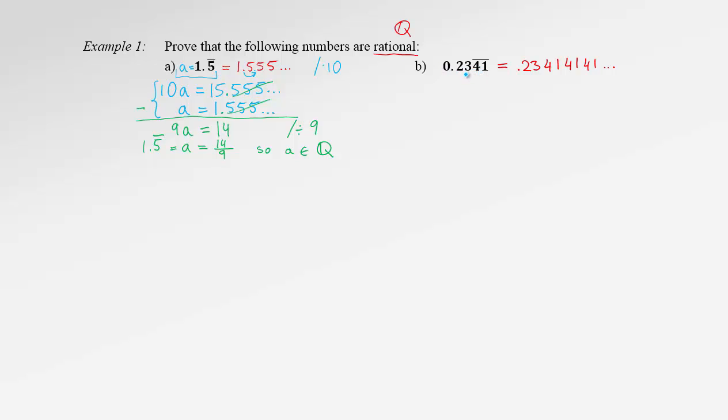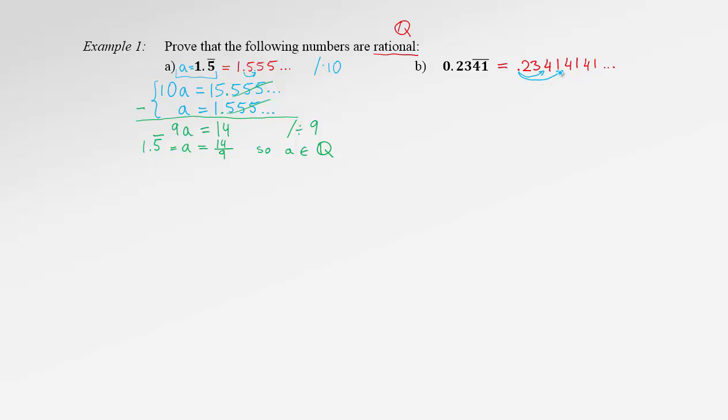And the idea is to produce two equations like we did in the previous example. But what we want to make sure is that in both equations the tail, the fractional part after the decimal dot, will be exactly the same. So the idea is to move the decimal dot after the repeating sequence and before the repeating sequence. So whatever is after the dot will look exactly the same. Okay, I would suggest to start with the larger number first.